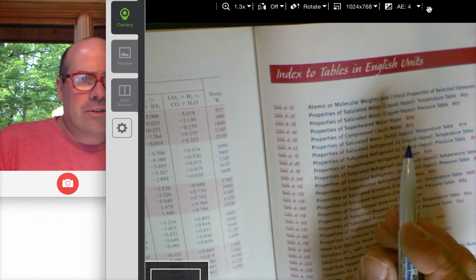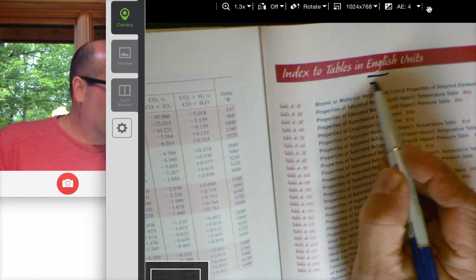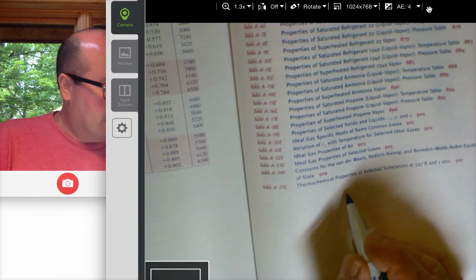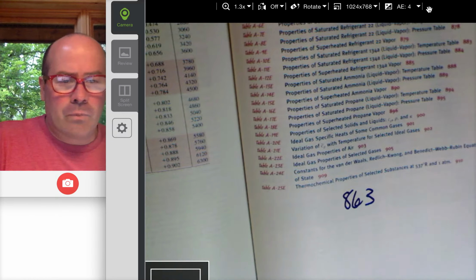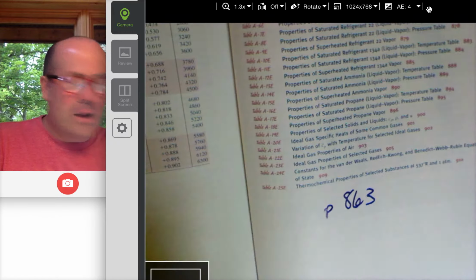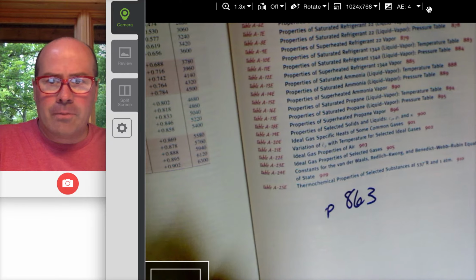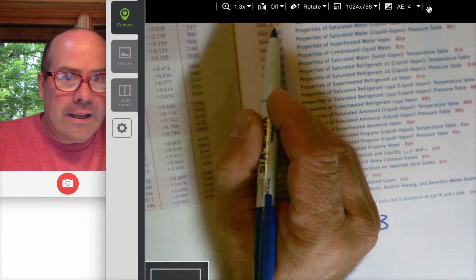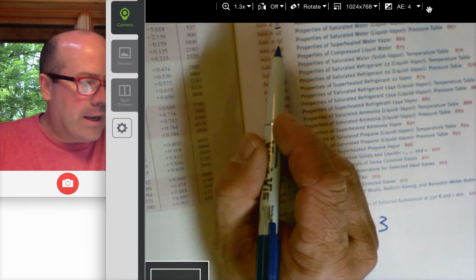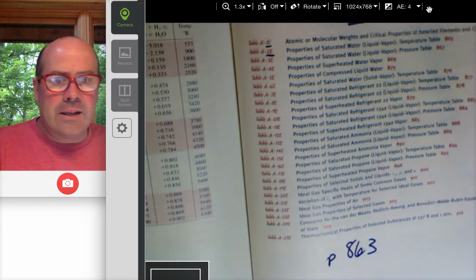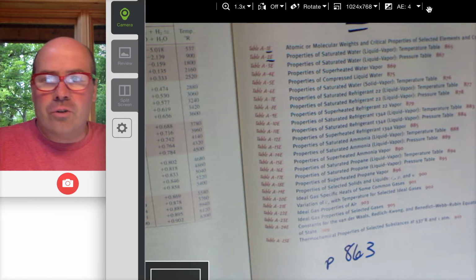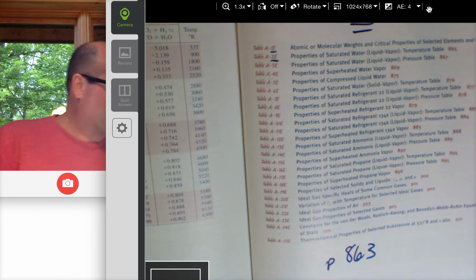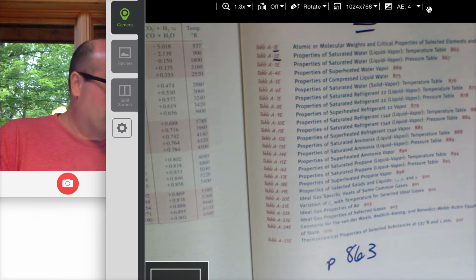So we have the index to tables in English units, and this is page, just take my word for it, 863. Now these tables are identical, except they're in English units, and we see A1E instead of A1, A2E, A3E. So if you're in English units, you use the E tables. If you're in SI units, you use the regular tables, the non-E tables.